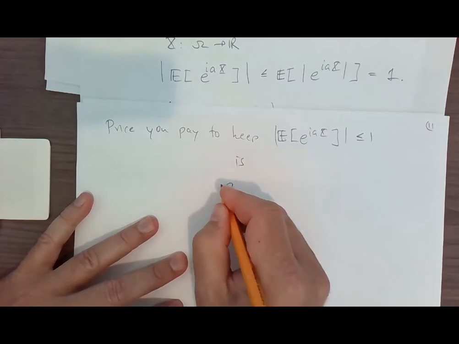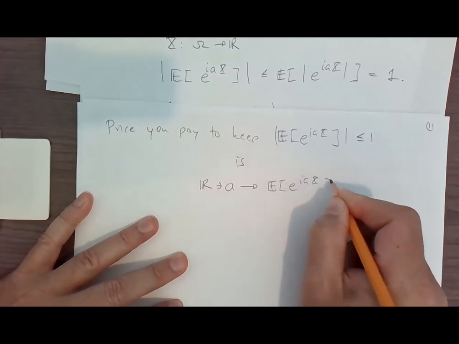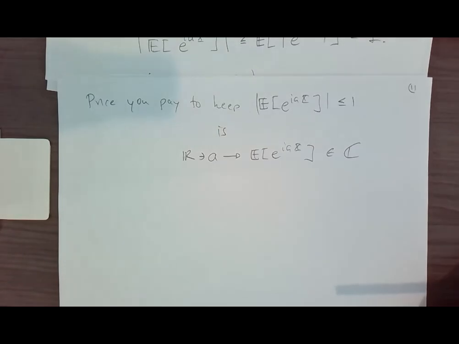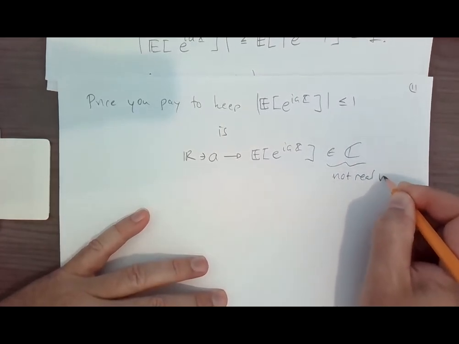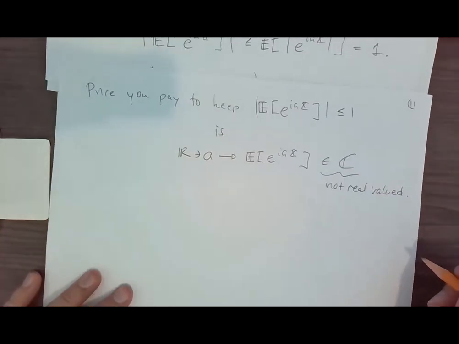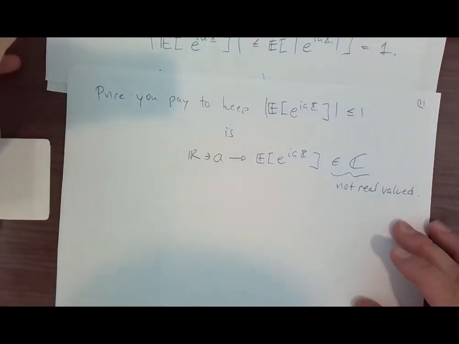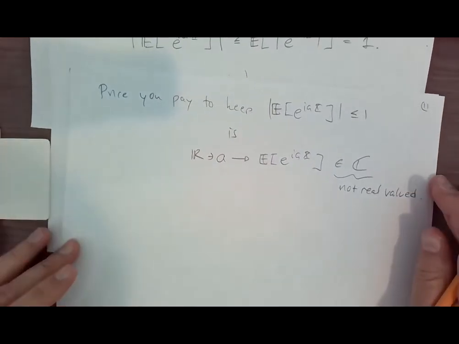When I look at the map that goes from R into e to the iax, this thing here is a complex number. This is not real valued. So characteristic functions in general are not real valued.